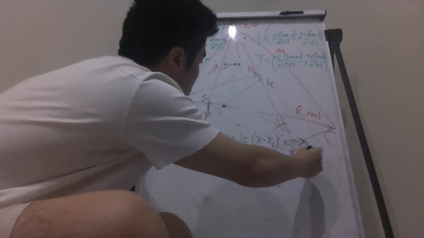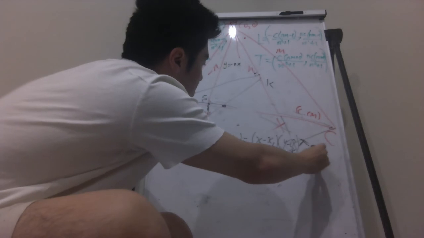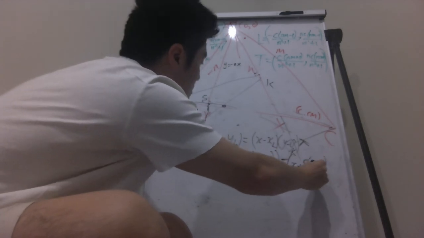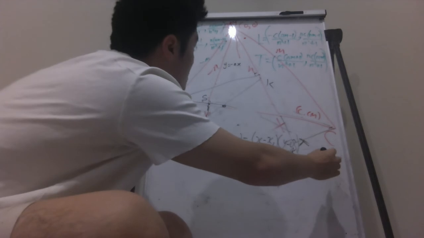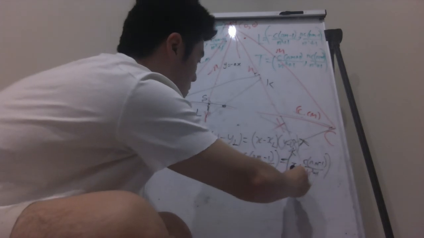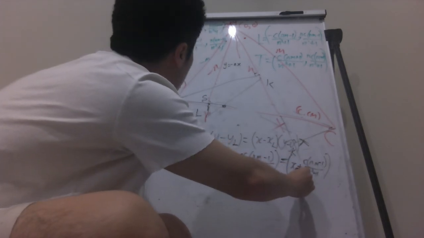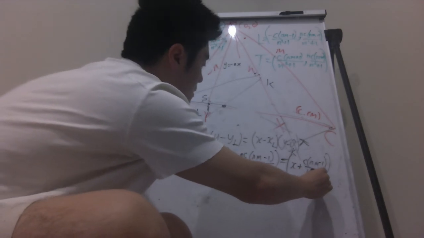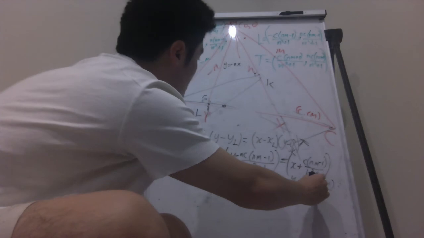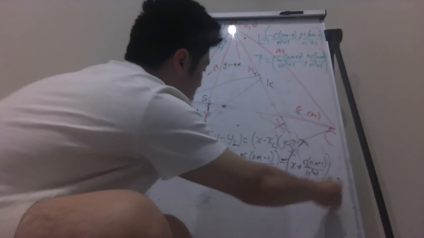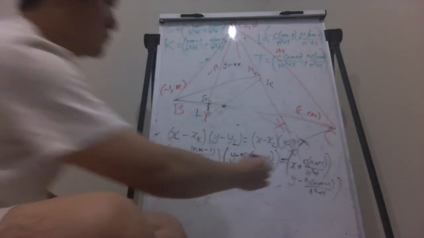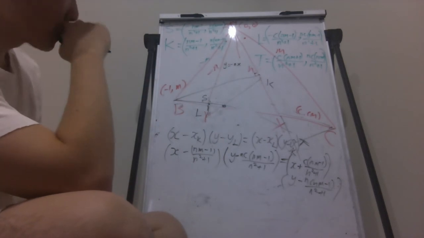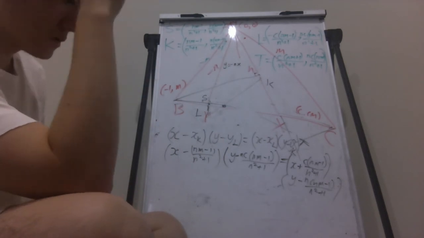X plus c, nm minus 1 on n squared plus 1. Y minus n minus 1 on n squared plus 1. Now you destroy the n squared plus 1. Oh yeah. You certainly could, yes?